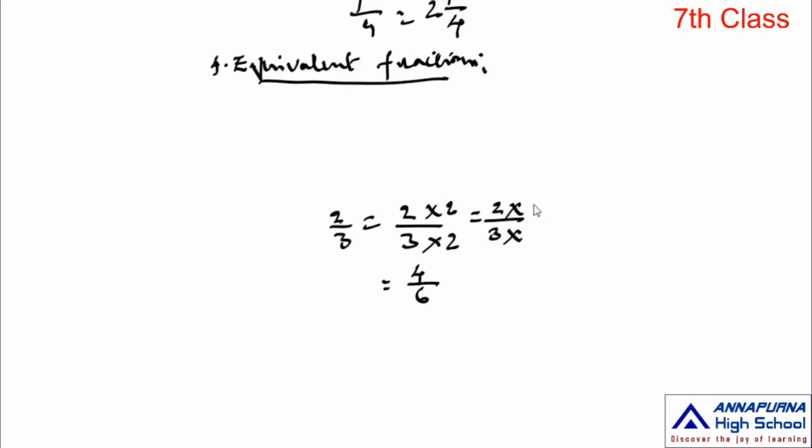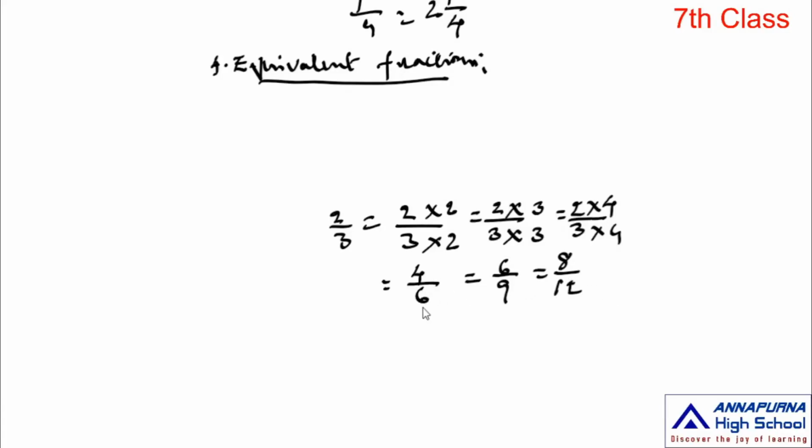Take another example. Let me multiply by 3. 2 3s are 6 by 3 3s are 9. Next, take one more. 2 by 3 into 4 by 4. 2 4s are 8 by 3 4s are 12.